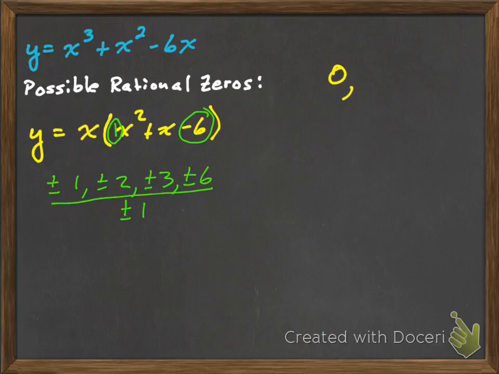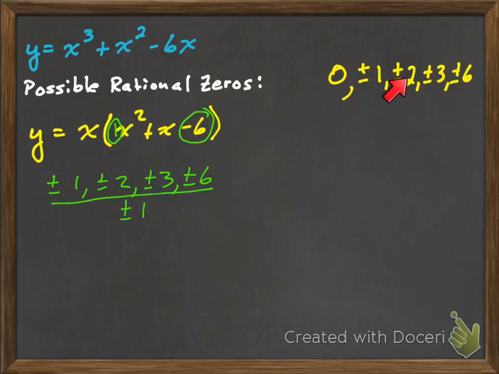All right, so we can complete our list now. In addition to 0, we will have plus or minus 1 over 1, which is 1, plus or minus 2 over 1, plus or minus 3 over 1, and plus or minus 6 over 1.